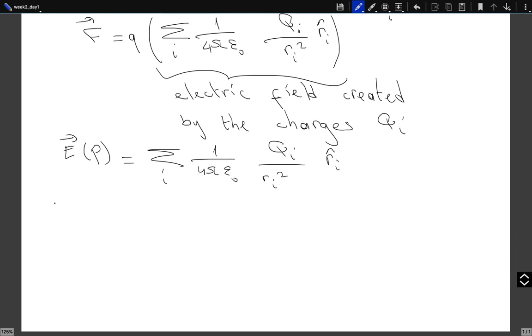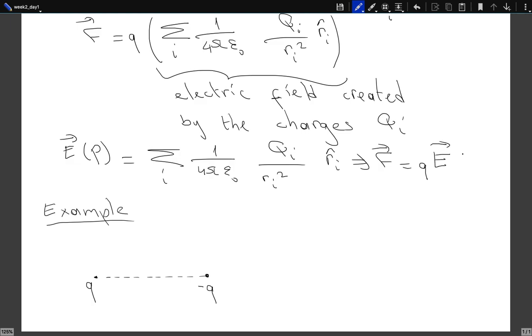So let's do an example. Let's assume I have one charge over here, Q. Another charge over here, minus Q. Let me just also write this one.